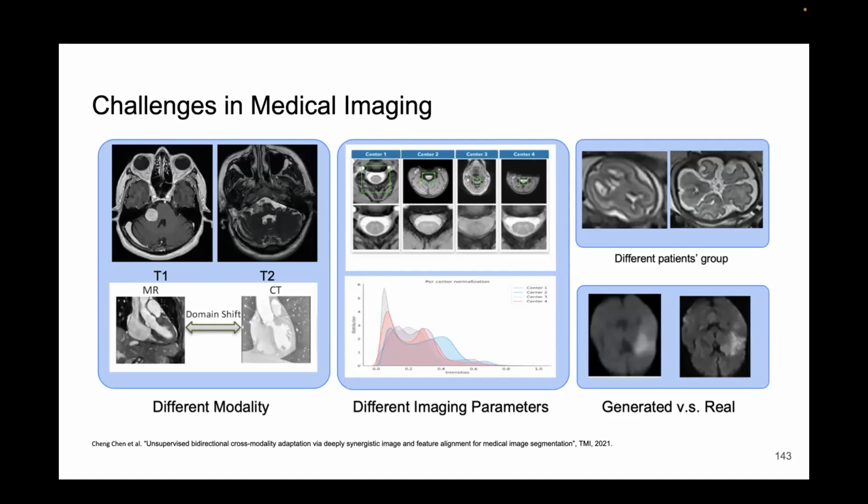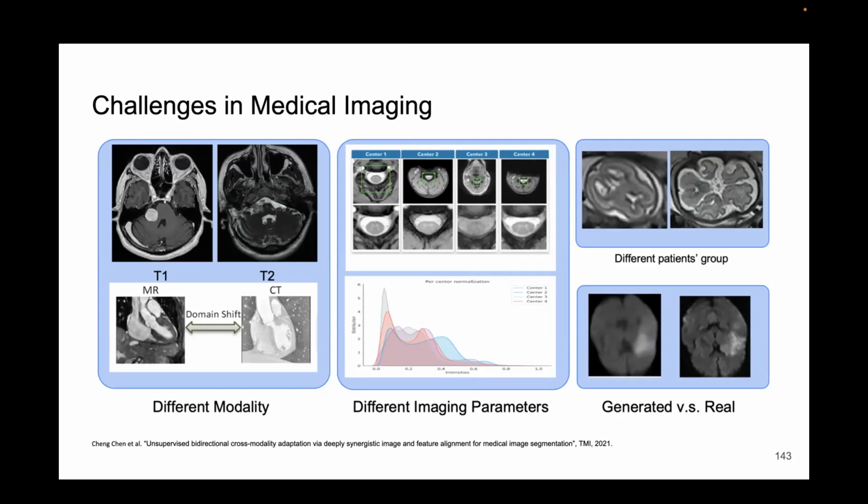For the challenges in medical imaging, we can see that due to the different modalities, such as CT images or MR images, which have a T1 phase and T2 phase, each of these may not share commonality and appear with large domain gaps. Similarly, between MR and CT, we clearly see that, for example, the color tone, the gray scale, or the magnitude are quite different from one to the other.